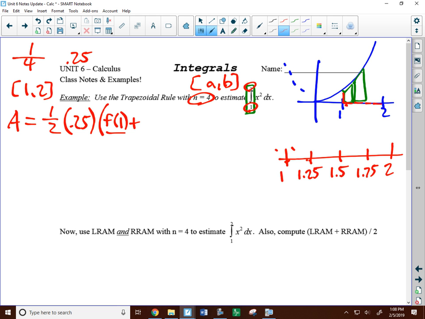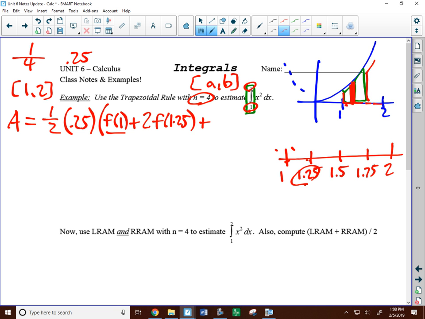I'll put that in calculator in a second. Plus 2 of any of the middle ones. So the next one, you can even see here the 2 trapezoids, right? It's this one, and I would do it twice. So that is the height at 1.25. 2 f of 1.25.